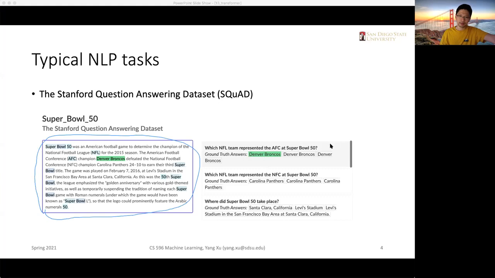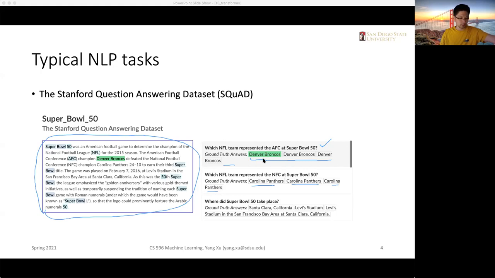And it comes with several questions like which NFL team represents the AFC at Super Bowl 50, right? So the model should be able to generate correct answers among such options, right? So it's like a basic multiple choice question answering task, right?